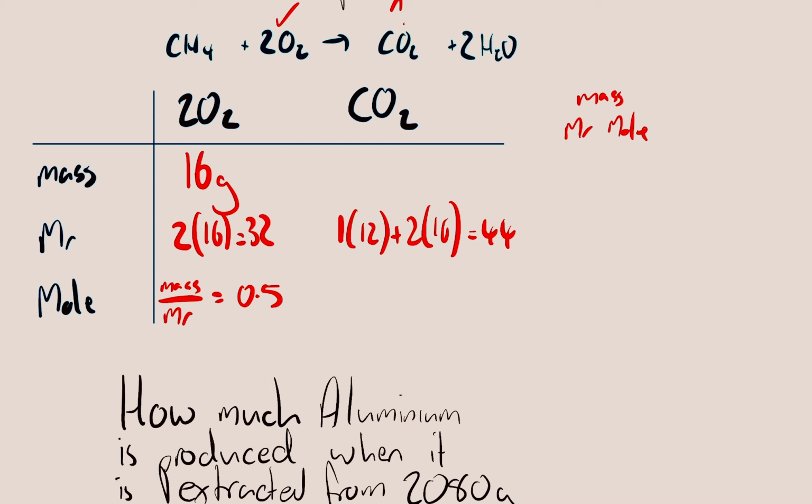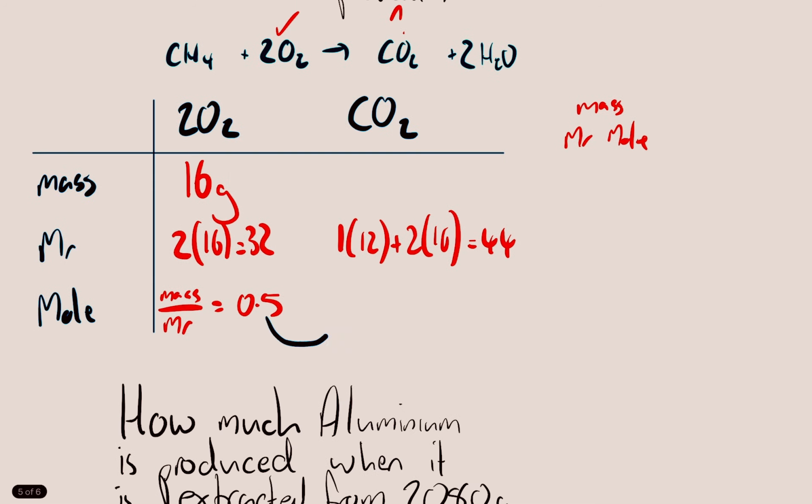Now, this is where I do need to pay attention to those big numbers. 2 moles of O2 makes 1 mole of CO2. So to go from 2 to 1, I need to divide by 2. And that's exactly what I'm going to do here. I'm going to divide this number by 2.